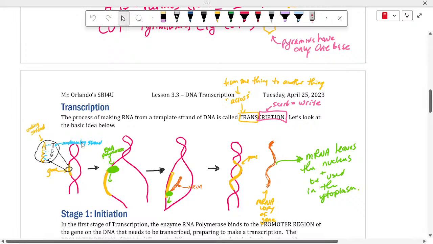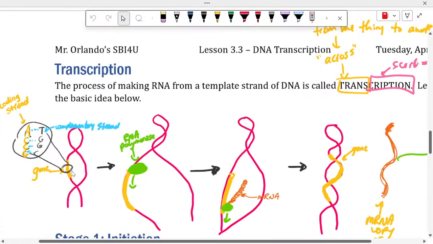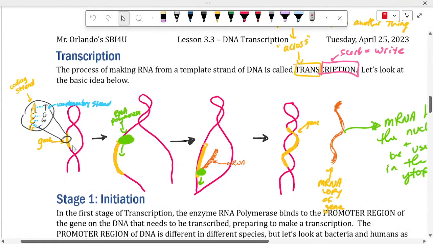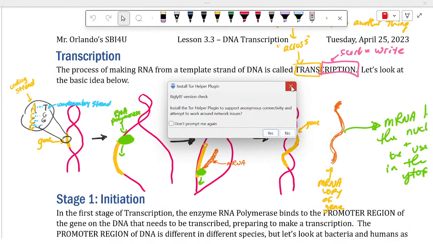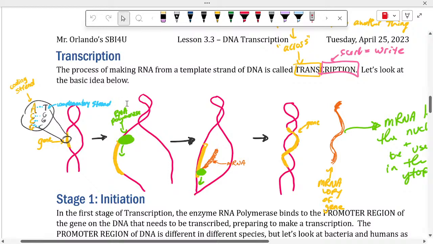And the cell isn't going to make an amino acid sequence directly from the DNA because we don't want to have to interact with the DNA over and over and over again to damage it. So instead, when there's a section of DNA that we want to turn into a protein, we want to turn into an amino acid sequence, what will happen is that a new molecule, a new enzyme that we haven't dealt with yet, which is called RNA polymerase, will come along, and it will work.